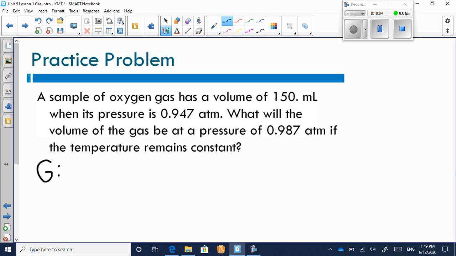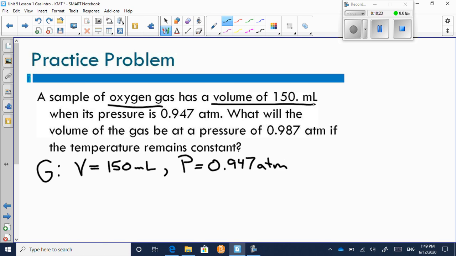Given: I've been given a volume of 150 milliliters and a pressure of 0.947 atmospheres. And notice that those two go together. It says this oxygen gas has a volume of this when its pressure is this. So I'm going to call those V1 and P1.